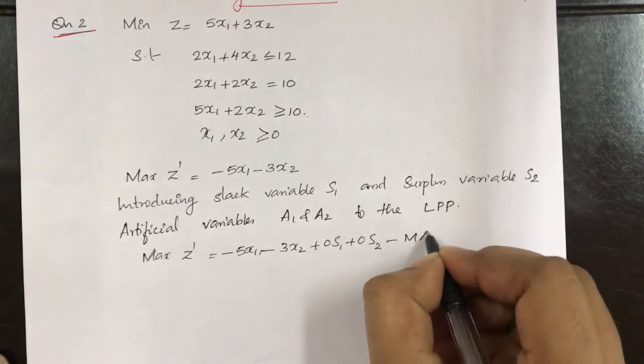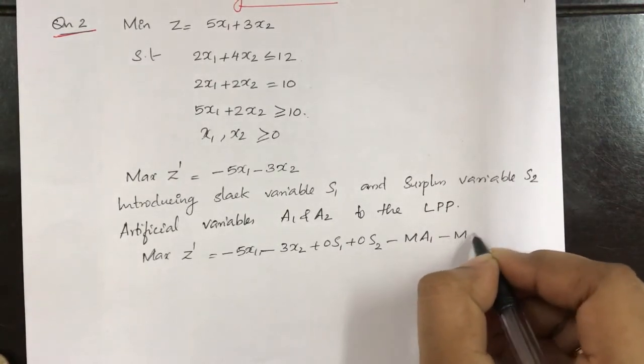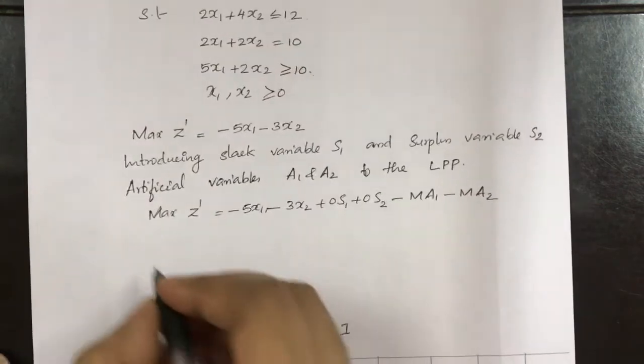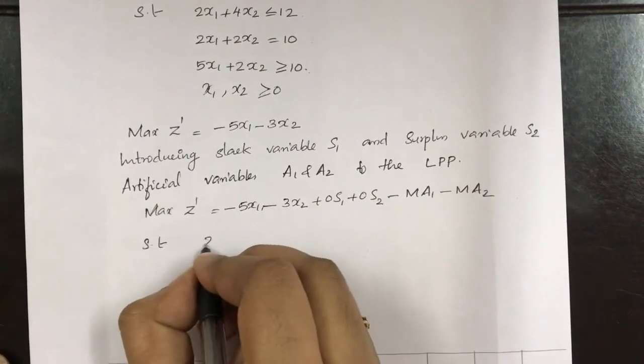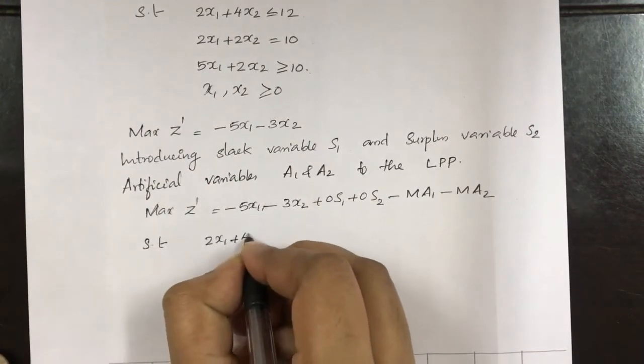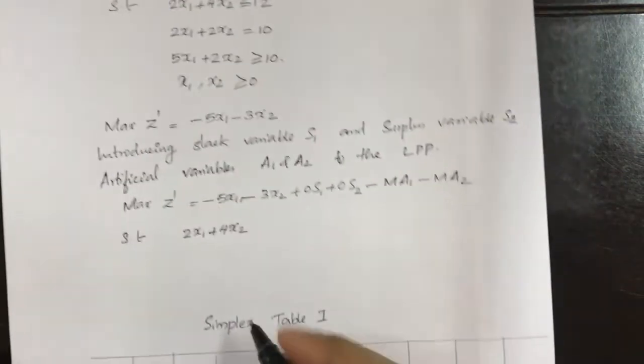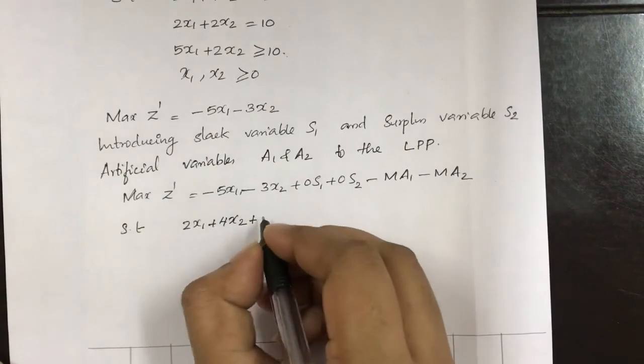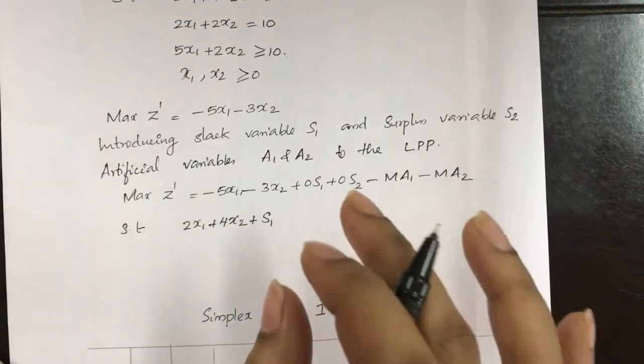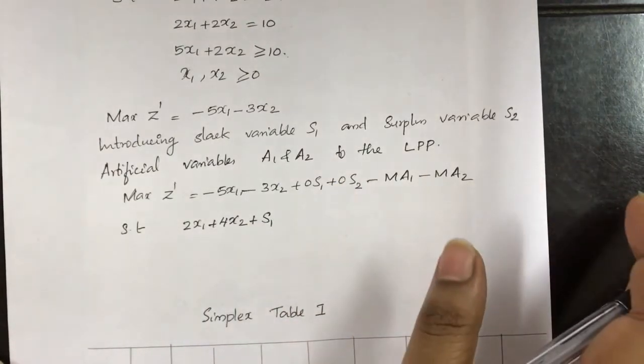minus Ma1 minus Ma2. Subject to the constraints 2x1 plus 4x2. Since it is a less than or equal to constraint, we need to add slack variable plus s1. Here is no surplus variable and no artificial variable.